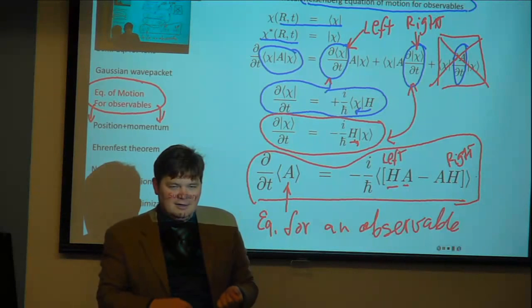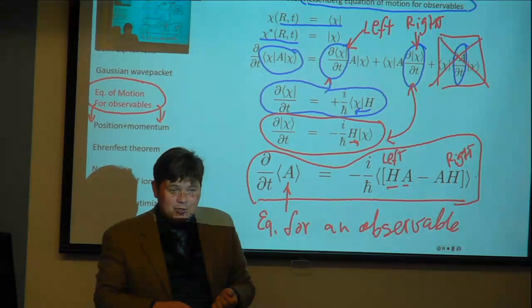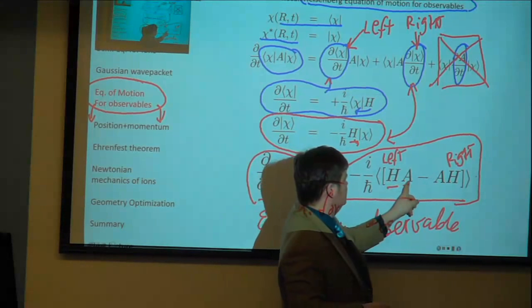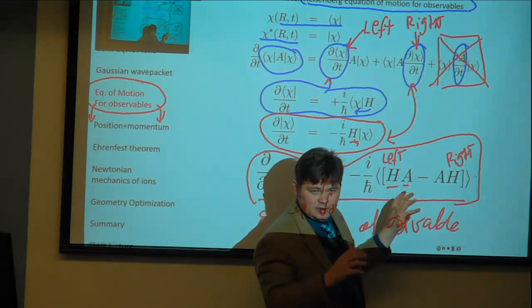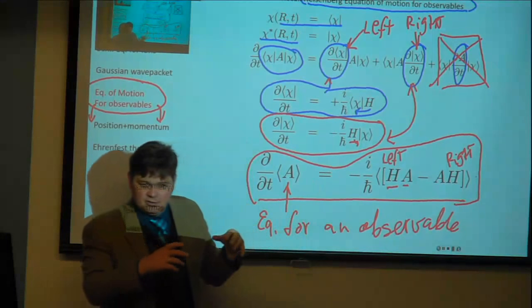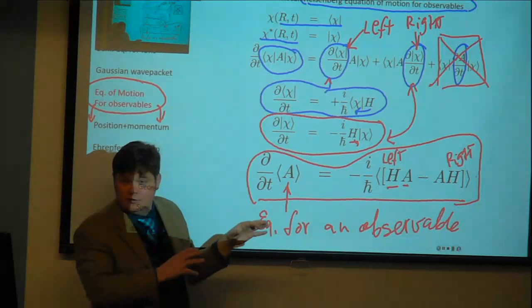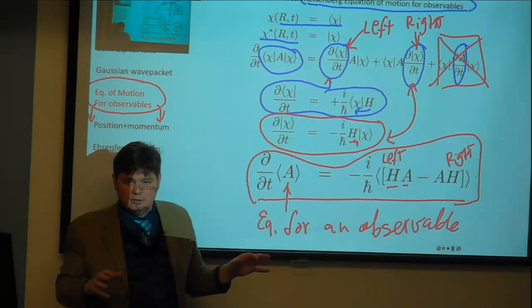So, this is the equation of motion by Heisenberg for any operator. And if we plug in here position and momentum and our Hamiltonian for nuclei, we will see how the position and momentum evolve in time. Although we are observing these equations, we are not deriving them in this course.